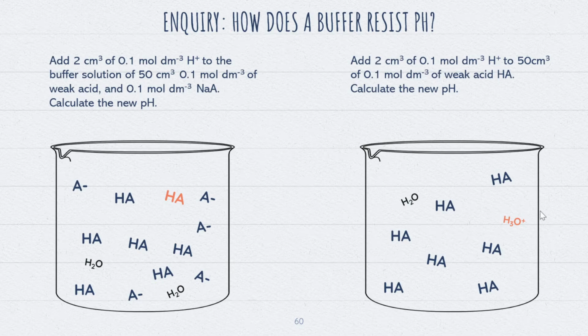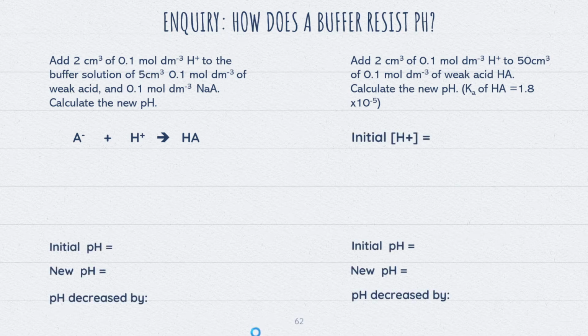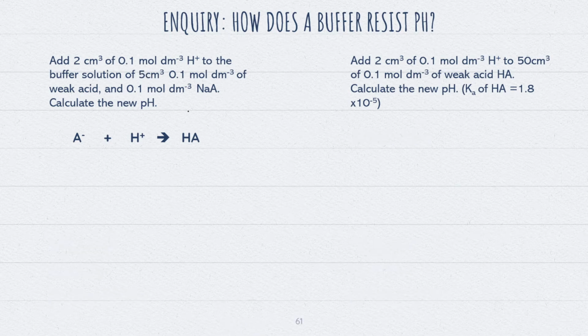So now let's find out how we can calculate the new pH. Okay, there's a little bit of mistake here. This is supposed to be 50 cm cube, so keep that in mind. Just keep the initial pH in mind.